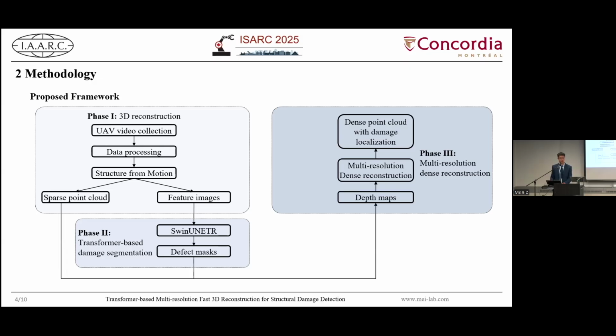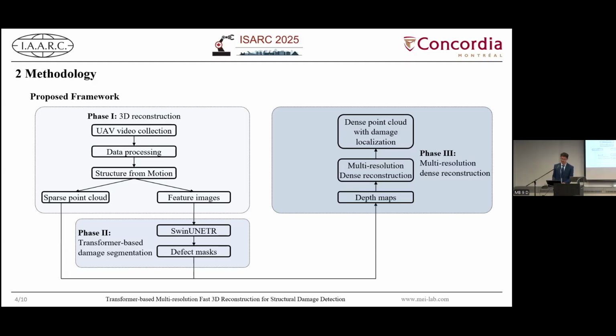So in this phase, we customized the Swin transformer model, Swin UNETR. It can analyze and extract the features and provide high-quality defect masks. Using the sparse point cloud from the first phase and the defect masks from the second phase, we can generate the depth maps for the phase 3 multi-resolution dense reconstruction.